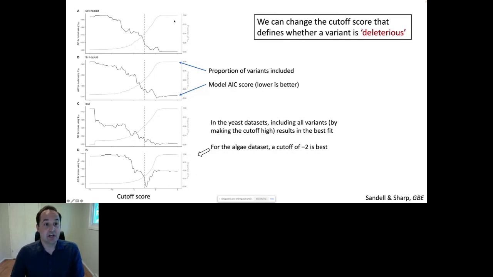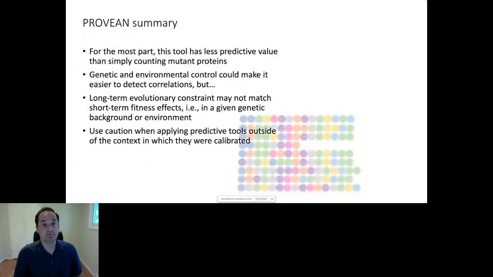And as you can see in these top 3 panels, when we're including more and more variance, we get a lower and lower AIC score, which is a better model fit. In this case with algae, we see that the cutoff of about negative 0.2 would be best. And so again, this is recapitulating what I already said, which is including as many variants as you can actually seems to provide the best prediction of fitness.